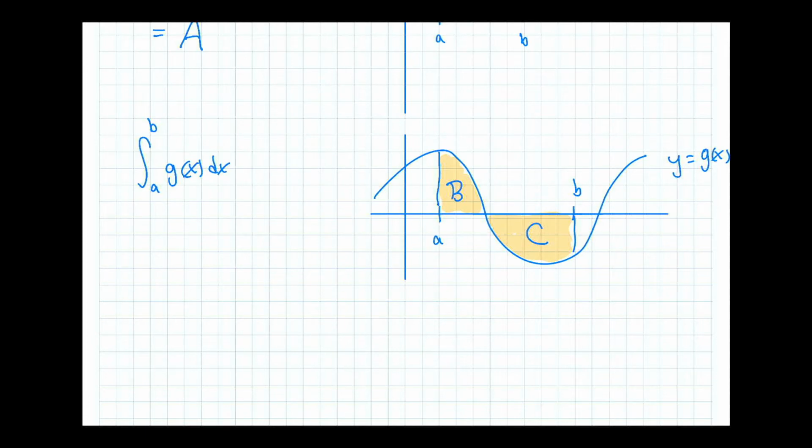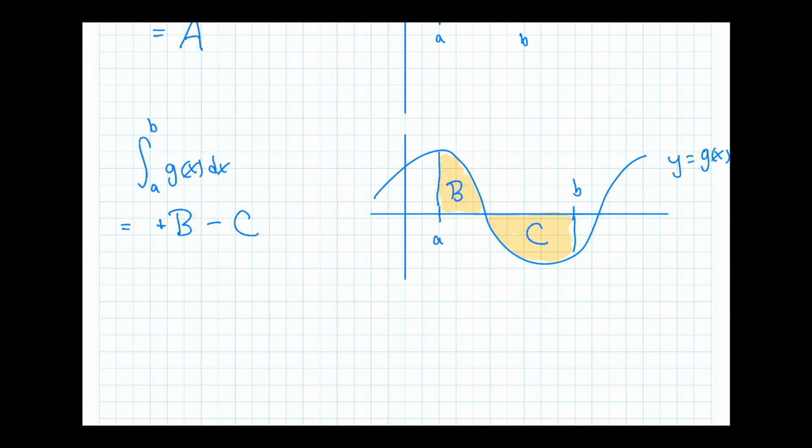The definite integral from a to b is basically the area above the axis counting as a positive number, and the area below the axis counting as a negative number. Whatever you get when you work that out could be positive, could be negative. That's going to be your answer.